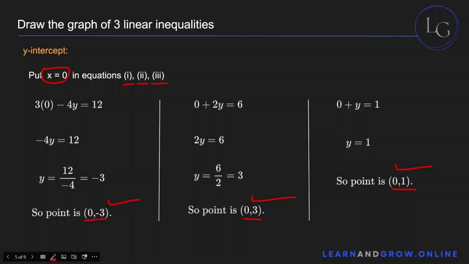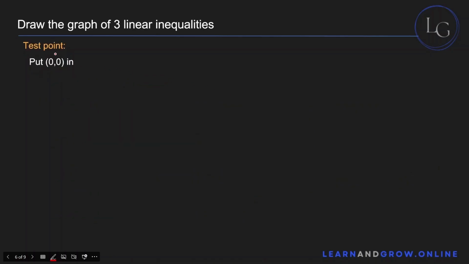So, now that you have these, you have to plug in the test point, which is (0, 0). (0, 0) is the origin, right? And again, just a reminder, why do we plug in the test point? Simple, because we have to shade. This test point is used to see in which direction you'll shade.